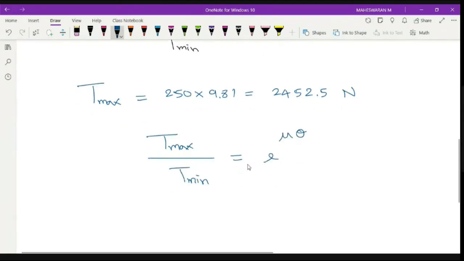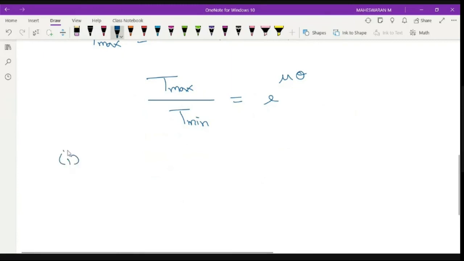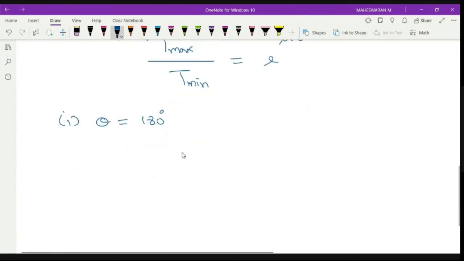In the first case, theta is 180 degrees. Converting to radians, 180 into pi divided by 180, so theta is equal to pi.